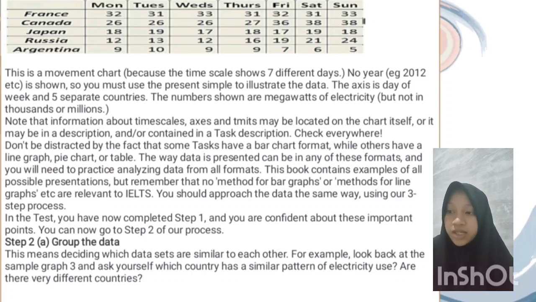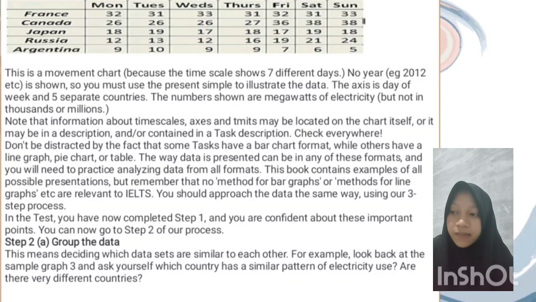Note that information about timescales, axes, and units may be located on the chart itself, or it may be in a description or contained in a task description. Check everywhere. Don't be distracted by the fact that some texts have a bar chart format, while others have a line graph, pie chart, or table.